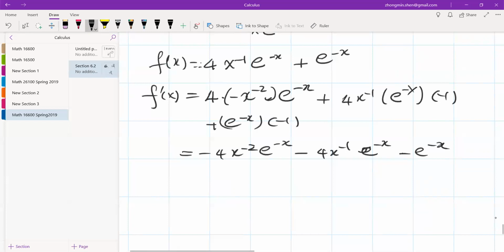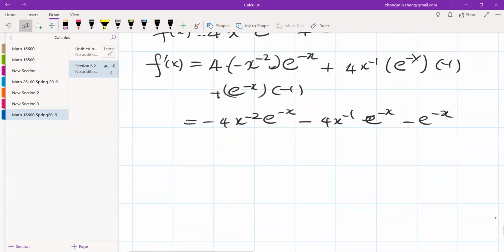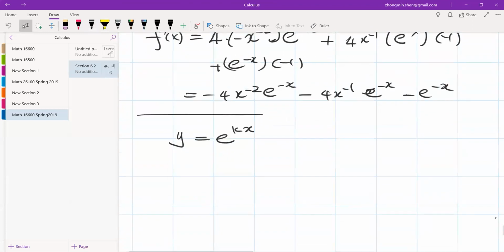Yeah. E to the x is indeed an interesting function. So let's look at y equals e to the kx. So y prime equals e to the kx times k, right? So e to the kx can still be replaced by y.